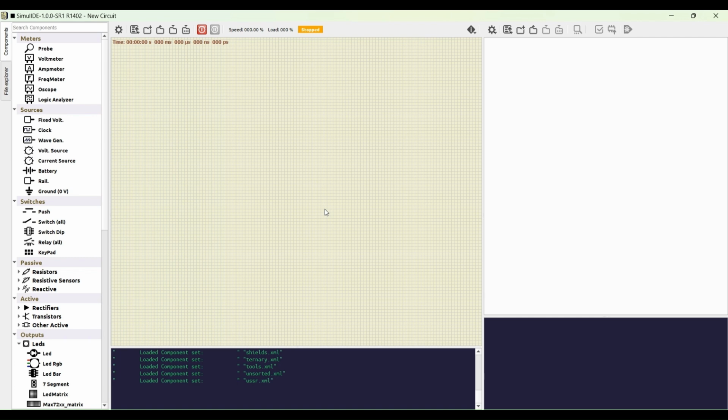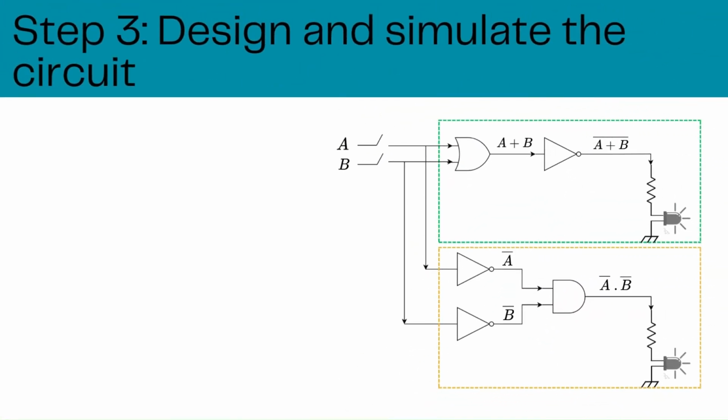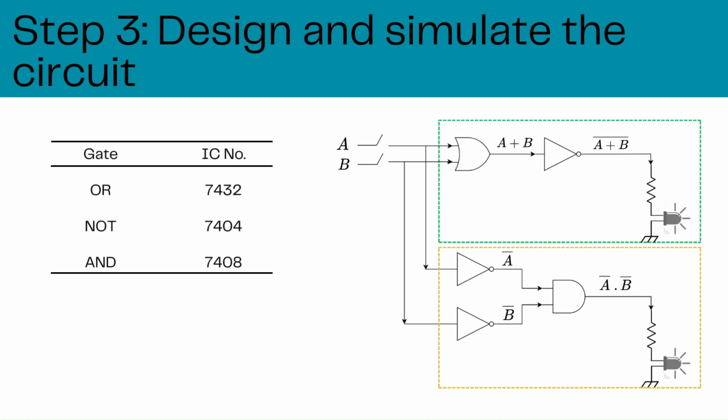But before that, it is better to know some details about the components of the circuit. Note that there are three gates that are used in the circuit, and those gates are OR gate, NOT gate, and AND gate. You have often heard about the term integrated circuit or IC that may contain multiple such gates.